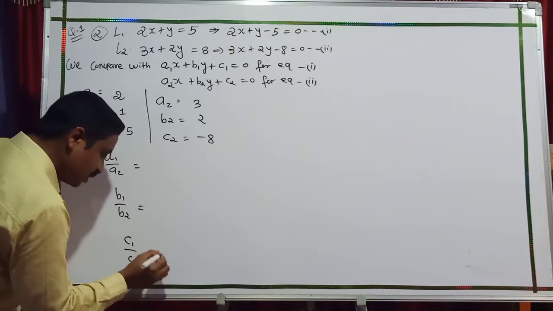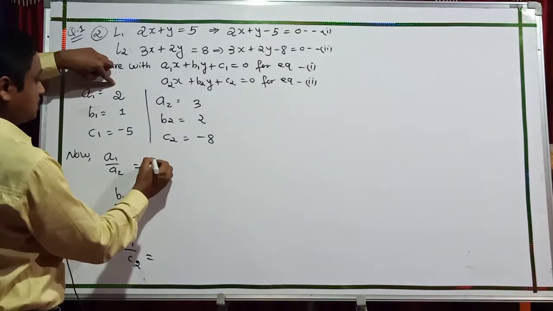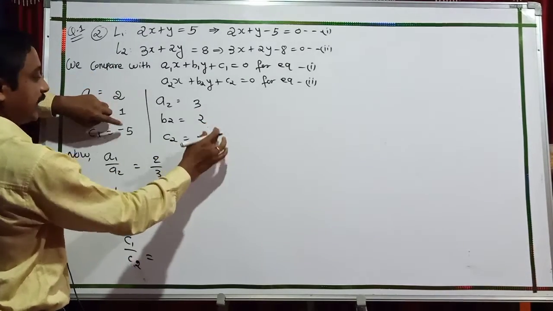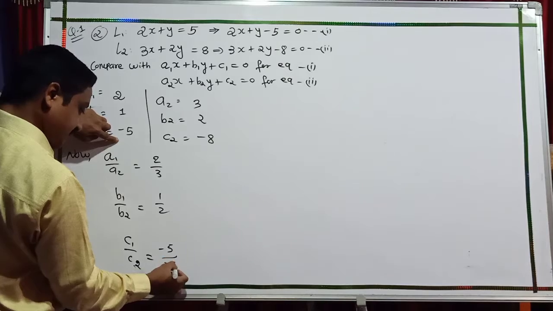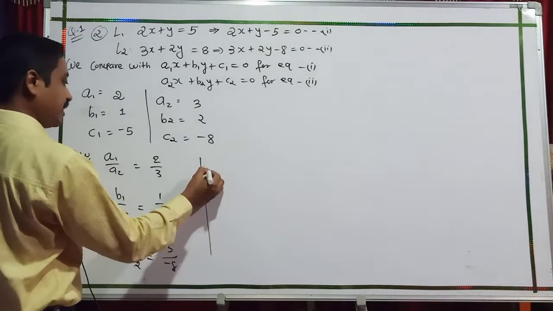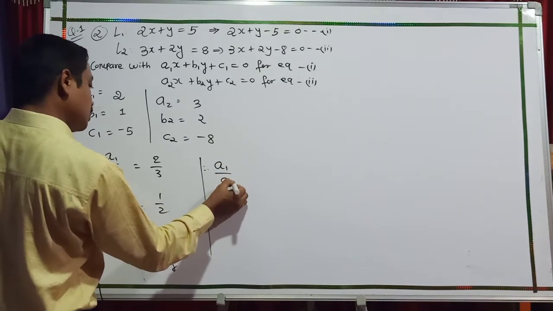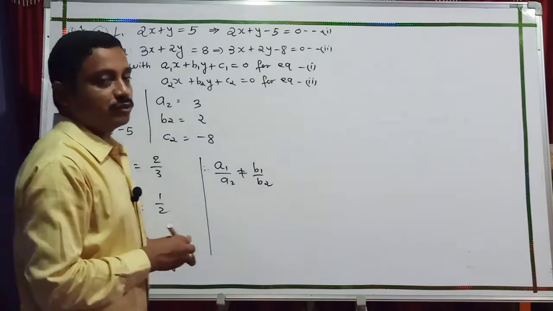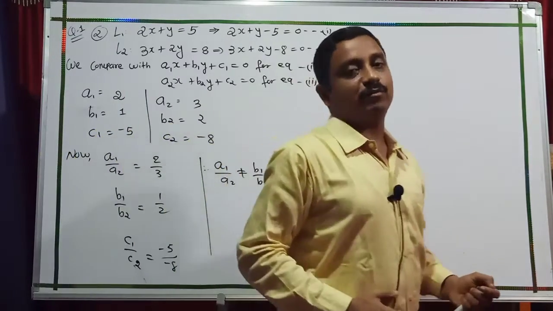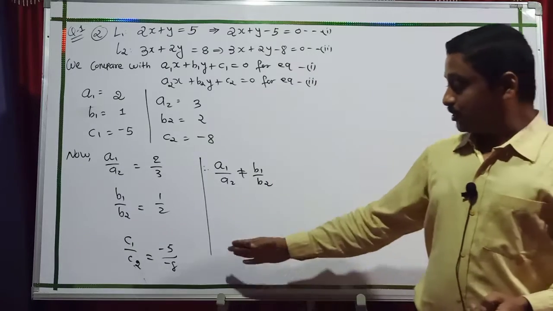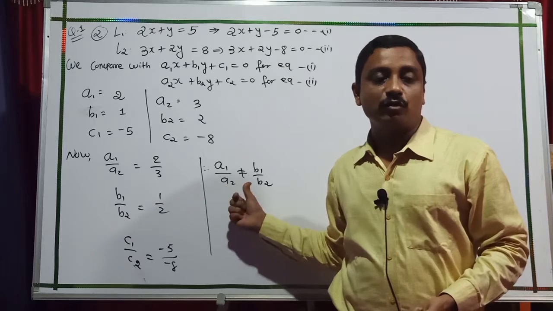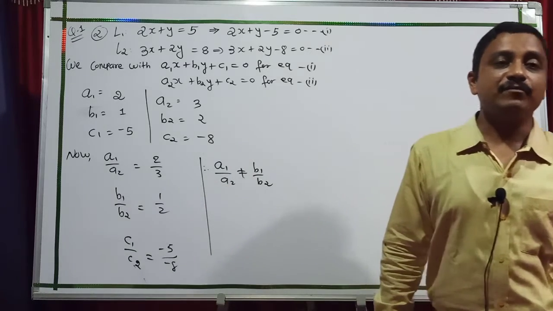All three values, students, you first calculate. So 2 by 3, second 1 by 2 and third minus 5 by minus 8. So what you get, a1 by a2 is not equal to b1 by b2. It means, students, your first condition is proved here. c1 by c2 is also not equal, but only a1 by a2 not equal to b1 by b2 is sufficient.